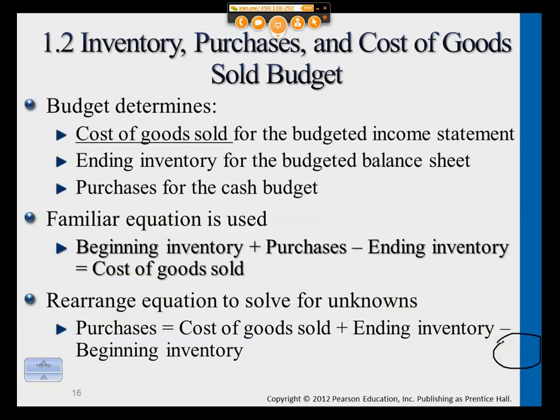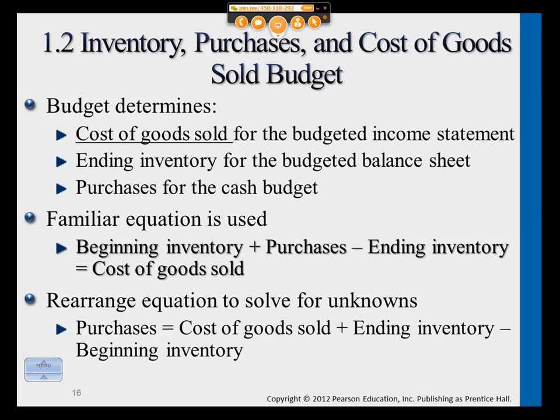So what's next? Next is the inventory purchases and the cost of goods sold budget. So the cornerstone was the sales budget. Now let's look at this one. This budget is mainly going to determine your cost of goods sold.